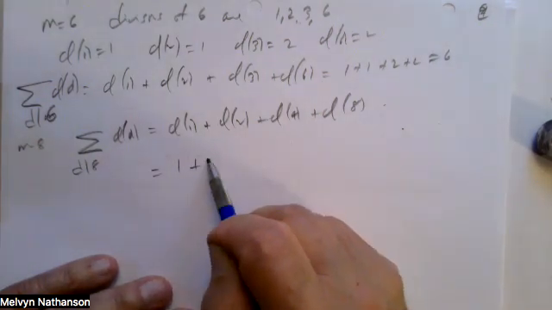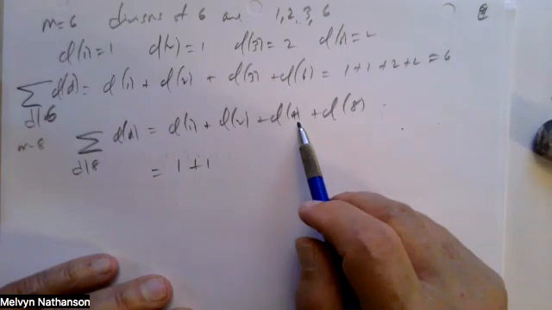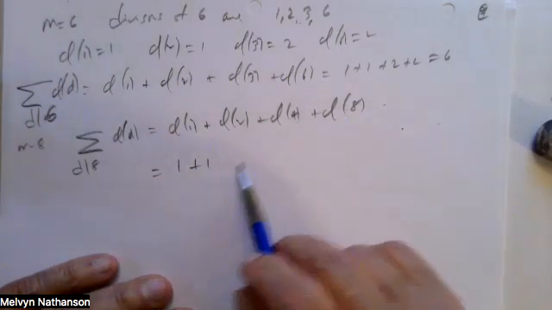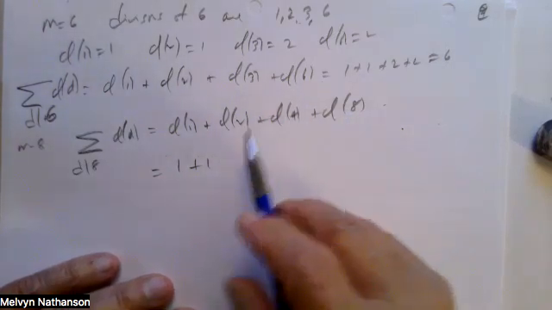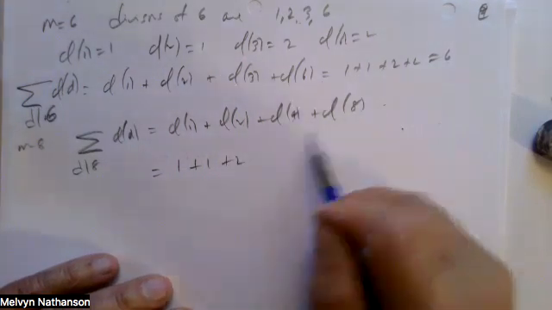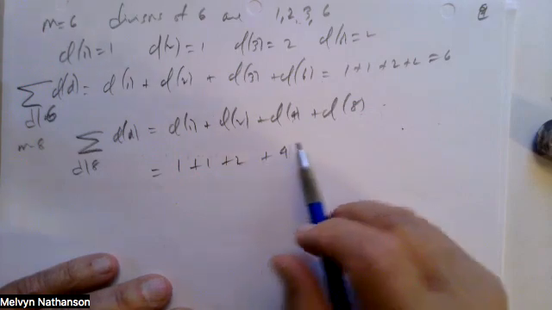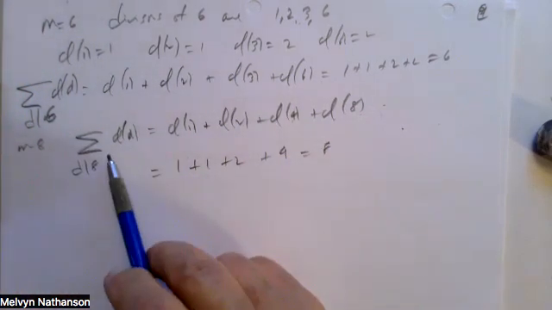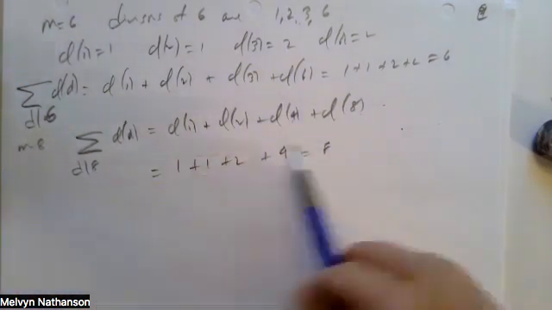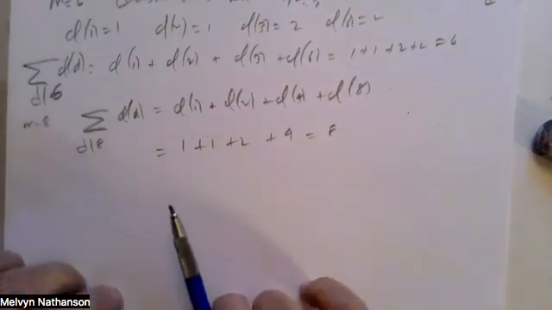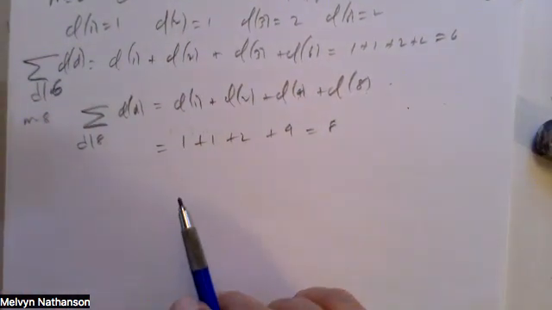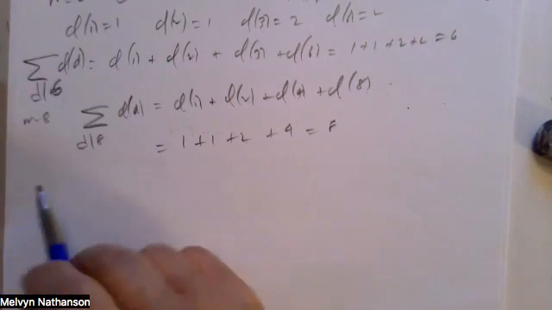Phi of 2 is 1. The numbers relatively prime to a power of 2 are just the odd numbers. So the odd numbers up to 4, there are 2 of them, and the odd numbers up to 8, there are 4 of them. 1 plus 1 is 2, plus 2 is 4, plus 4 is 8. You get 8 back. So if I sum phi of d over the divisors of 8, I get 8. That's cute.